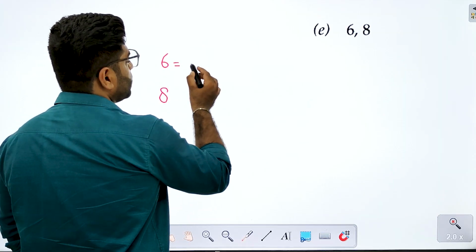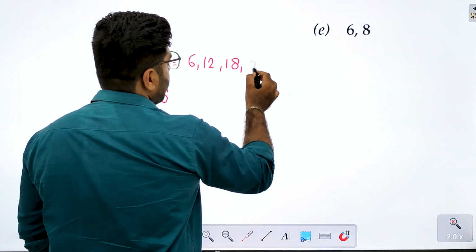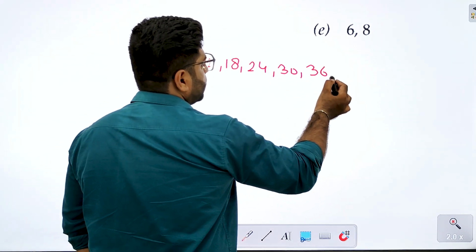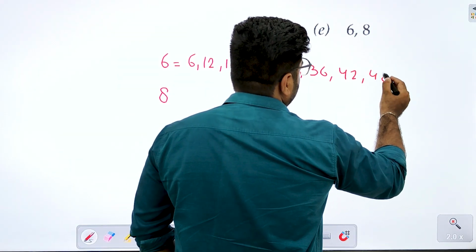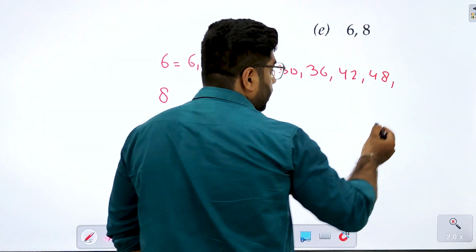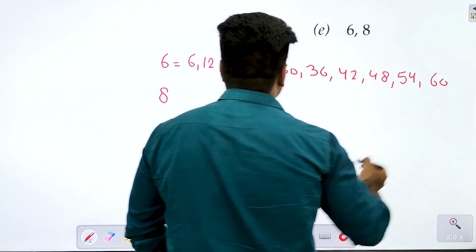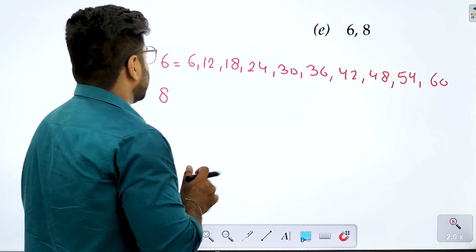The multiples of 6 are 6, 12, 18, 24, 30, 36, 42, 48, then 54 and then 60. These are the first 10 multiples of 6.